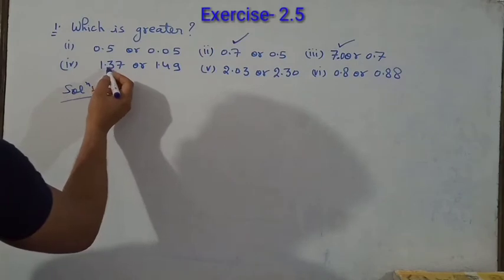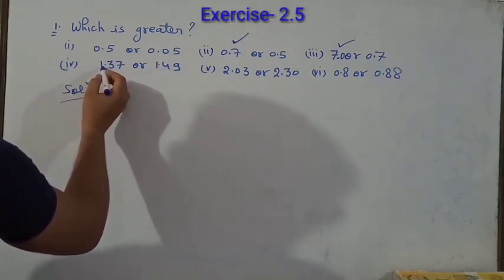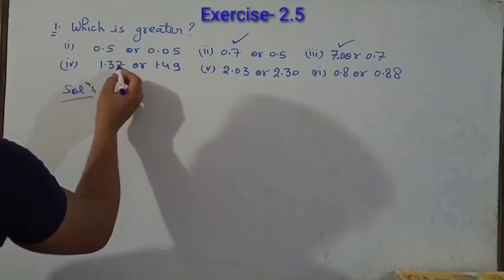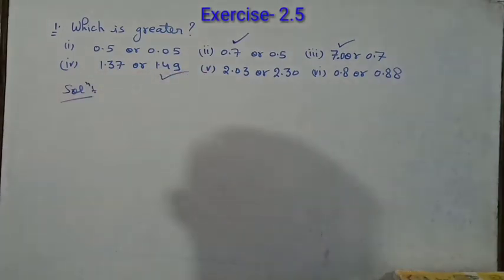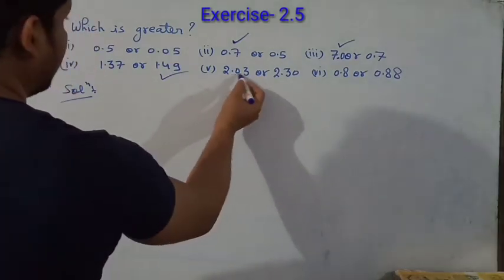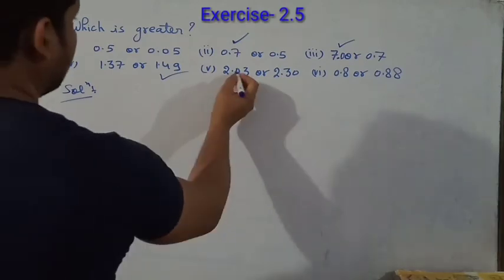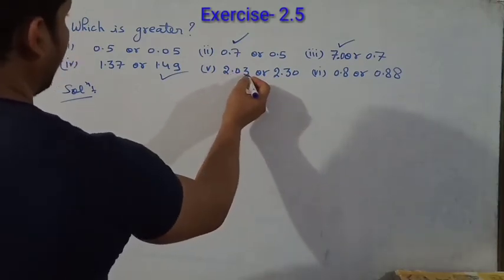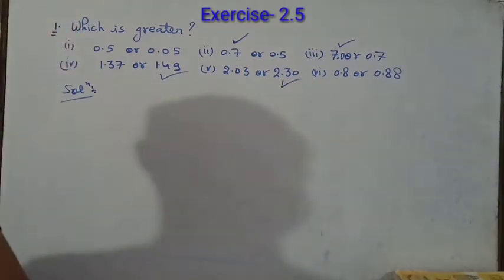Same, 2 digits after the point, 2 digits after the point. Forget the decimal. 137 and 149, which is greater? 149. Decimal 2 digits, decimal 2 digits. Forget the decimal, 203 and 230, which is greater? 230.